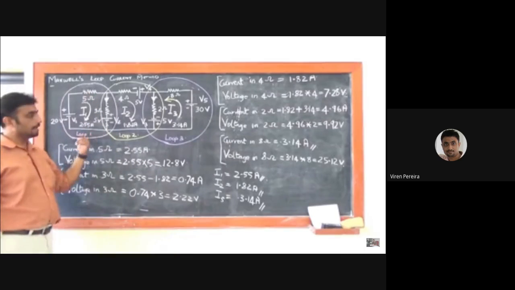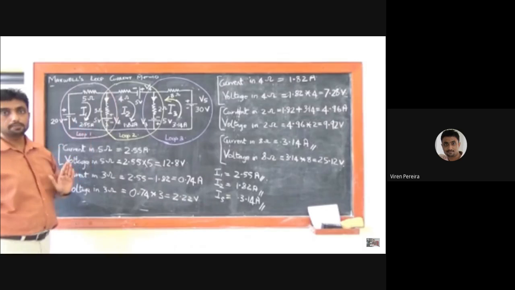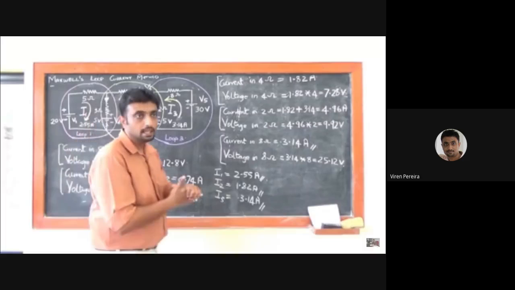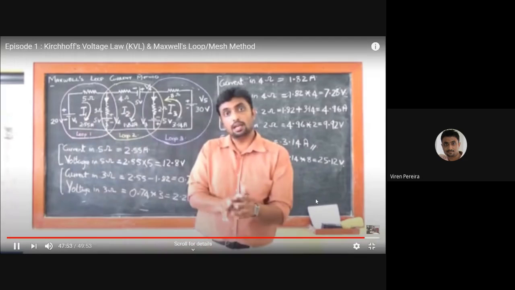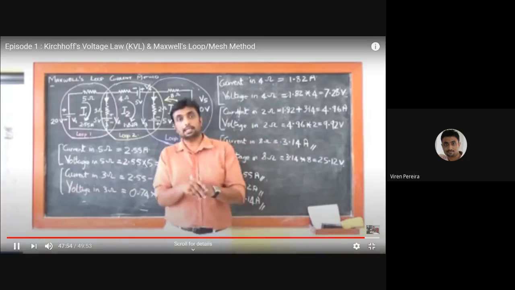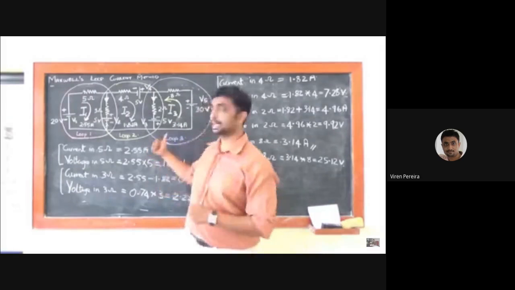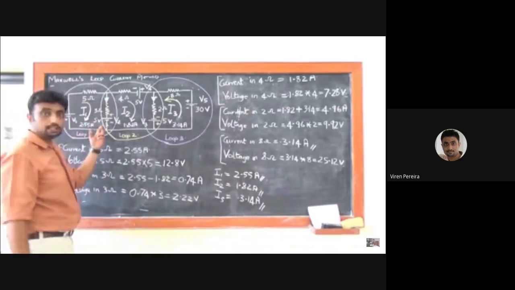So with this, we basically get a clear idea of how to solve using Maxwell's current method. The steps involved would be, firstly, whenever you get your diagram, draw your loops.